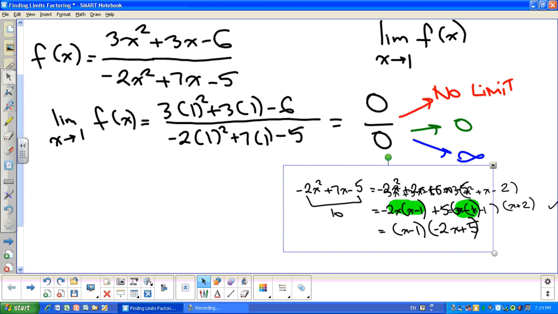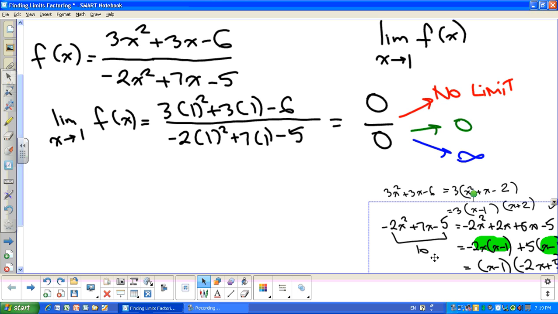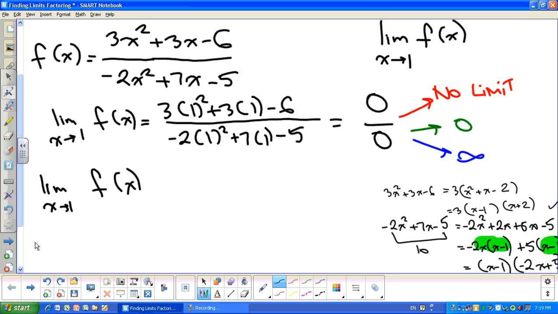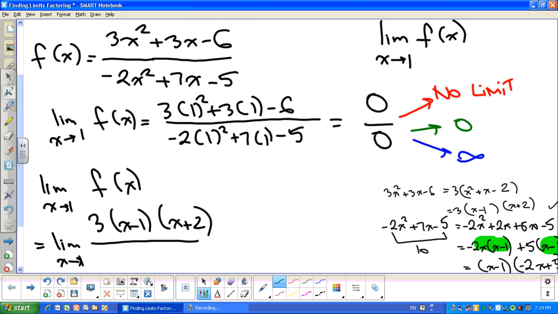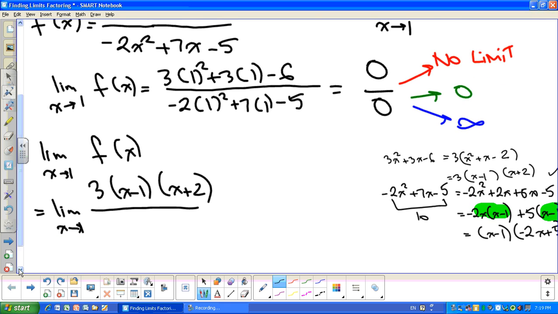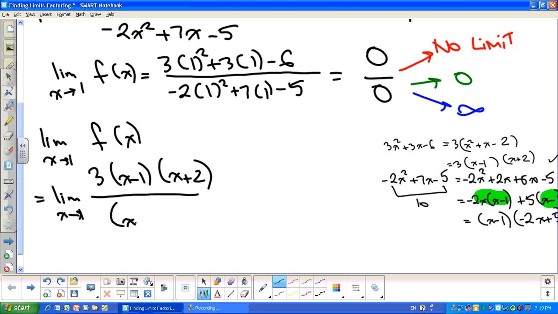And what's important for me is that I can rewrite my limit as x approaches 1 of f of x. This becomes the limit as x approaches 1 of the numerator, which became 3 times x minus 1 times x plus 2, and the denominator became x minus 1 times negative 2x plus 5.